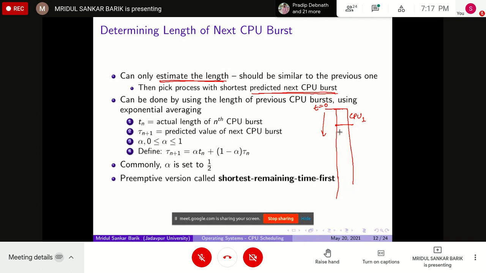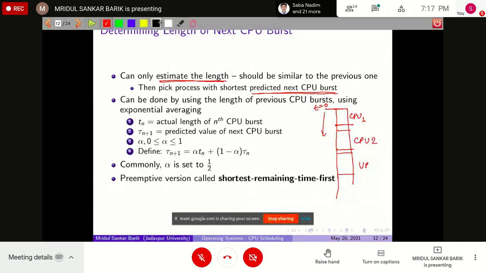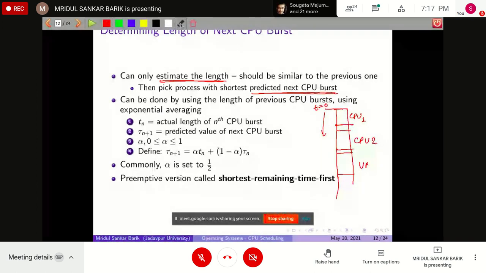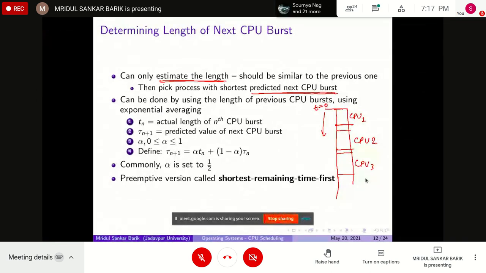Then we have, say, an IO burst, and then again we have CPU burst 2. Then CPU burst 3, and so on.